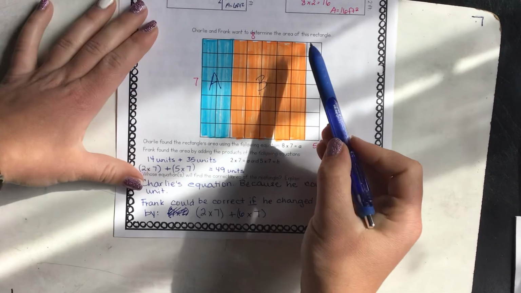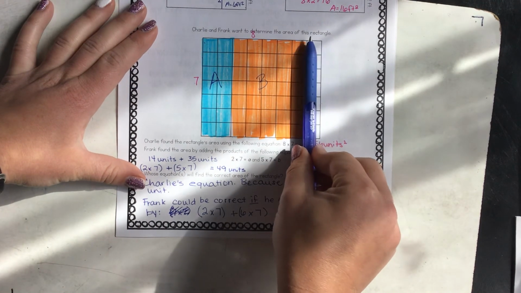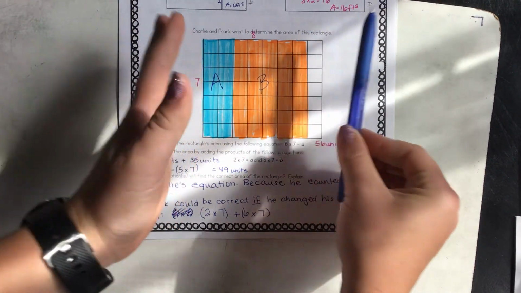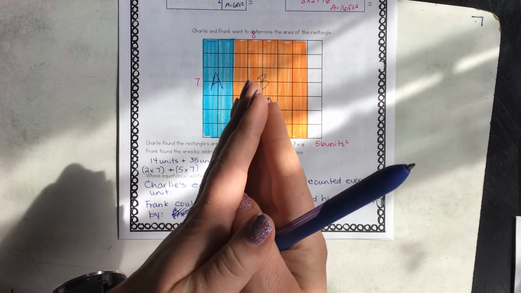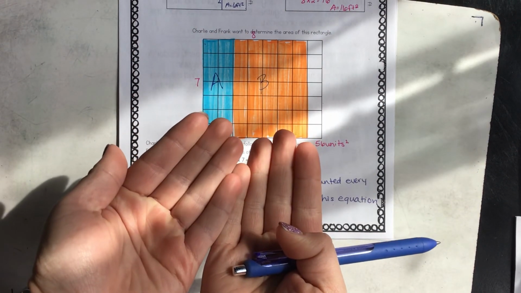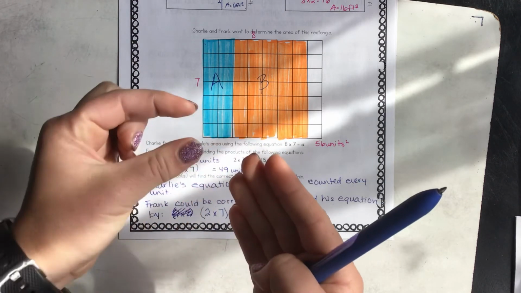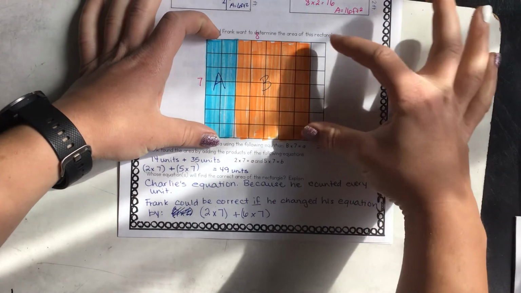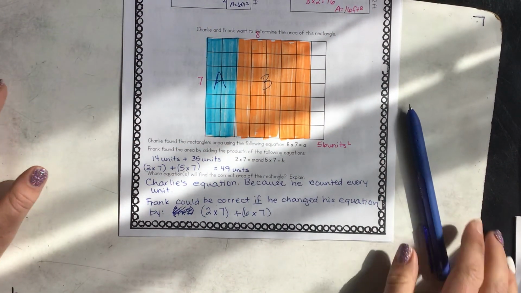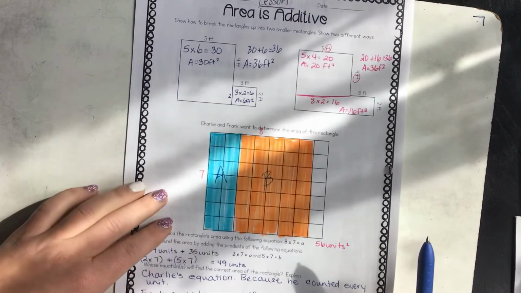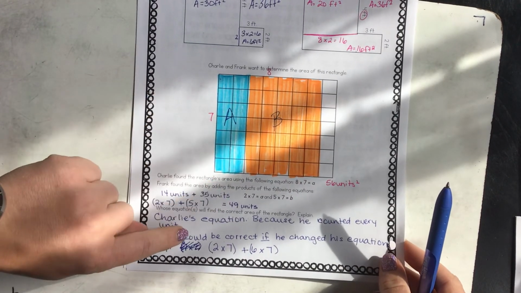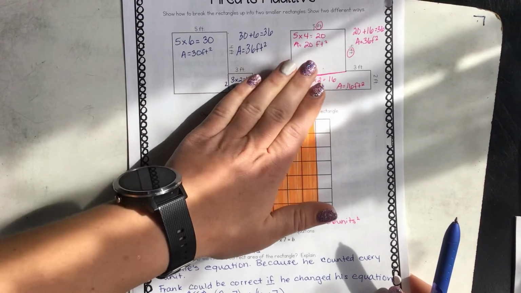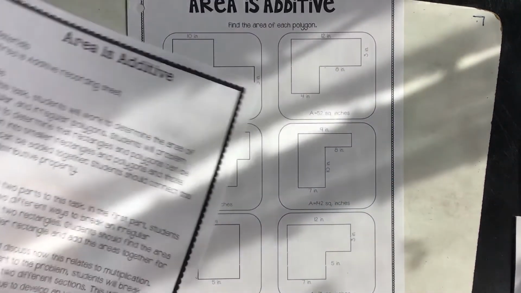Do you understand that if you add this line back, they now are showing both parts together as the whole? They're just accounting for it by breaking it down. 7 by 2, 7 by 6. Okay? You will not be asked to write things out quite like this. Your assignment will be more like that first example.